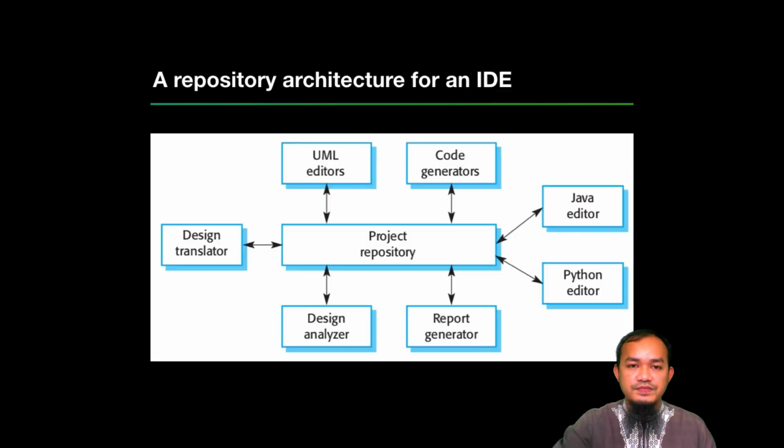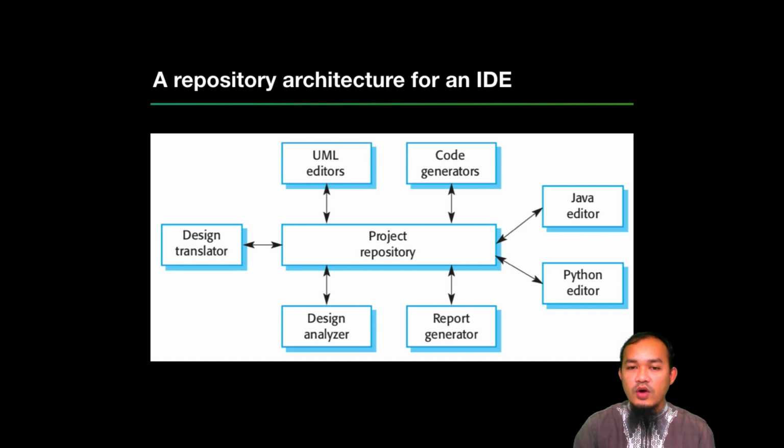This is an example of repository architecture for an IDE. The project repository will be the center. We have one project at the center, and all other components come to join, to edit, and to modify the data of the project, the project repository.